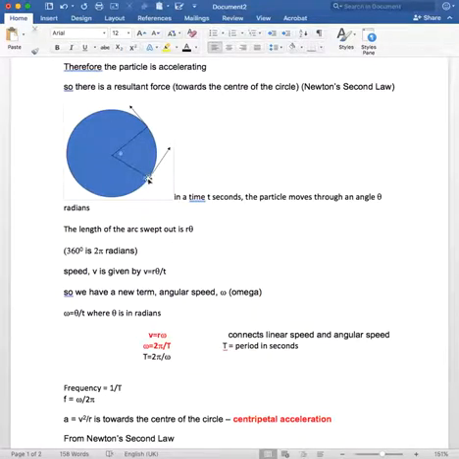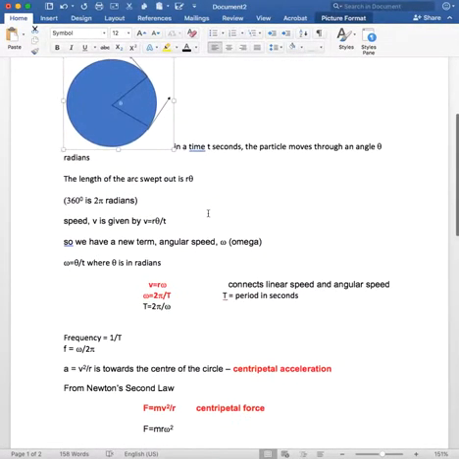Now, the force is always towards the center of the circle, and the motion is always along these lines here. These are tangents, of course. So the tangent, by definition, is at right angles to the radius. The force is along the radius, and so the force is at right angles to the motion. There is no motion along the line of action, and so there is no work done.